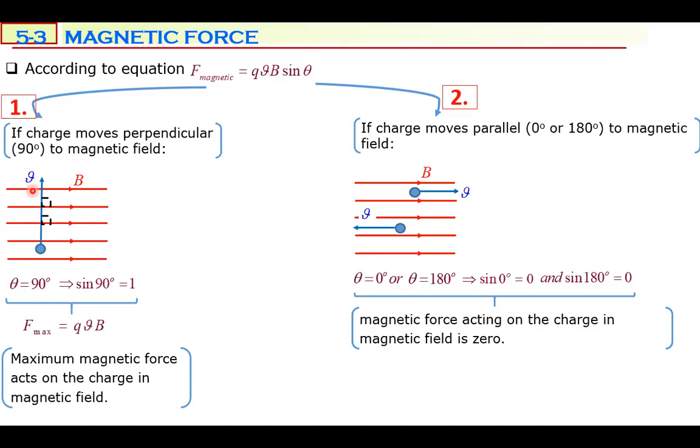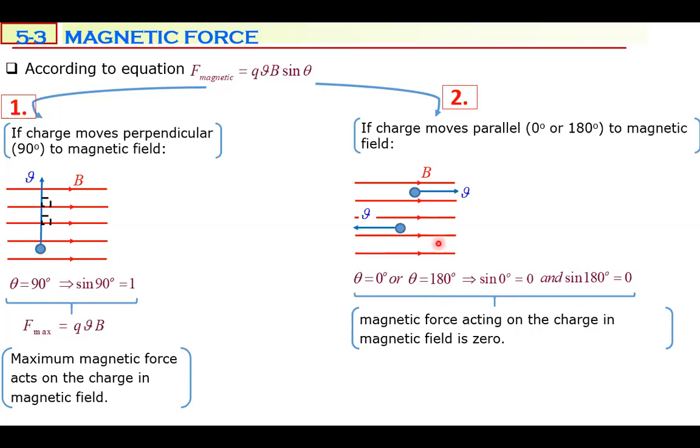And second one, each charge moves parallel to magnetic field lines. Parallel means the charge can move in the same direction of the magnetic field, which means the angle between these two vectors is 0, or the charge can move in the opposite direction of the magnetic field, which means the angle between these two vectors will be 180. In this case, sine of both 0 degrees and 180 degrees is 0. So we can say that the magnetic force acting on the charge in a magnetic field is 0 if the charge moves parallel to magnetic field lines.